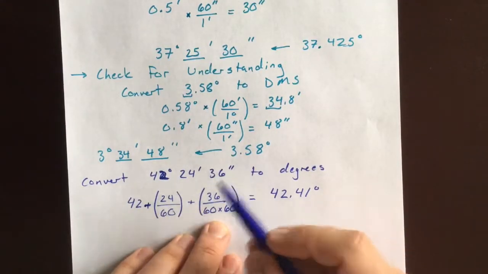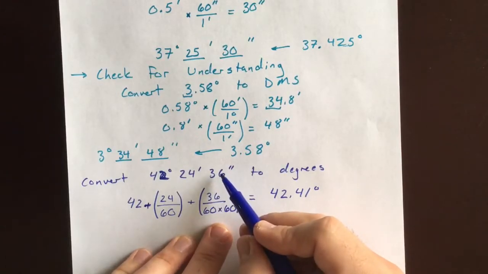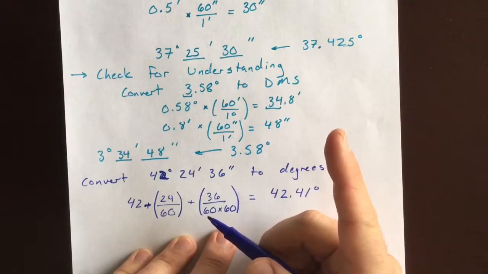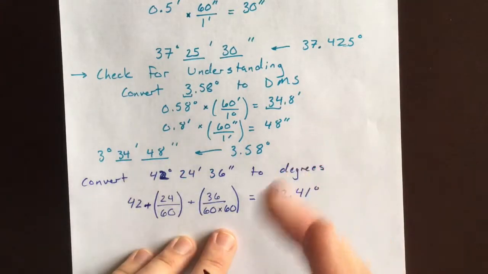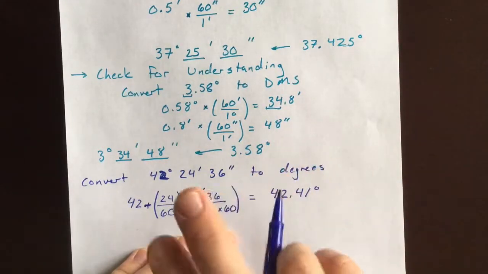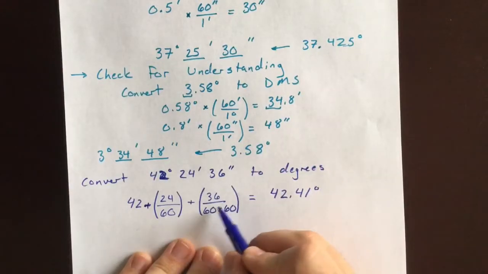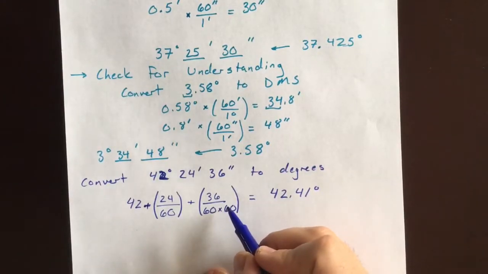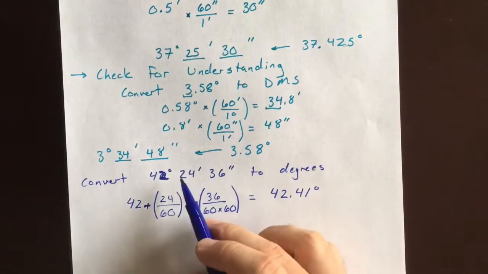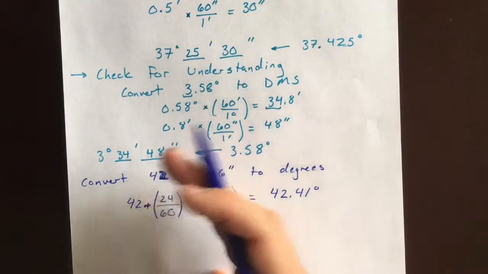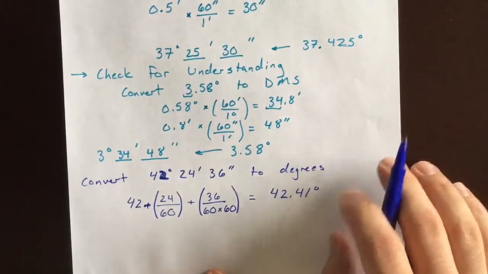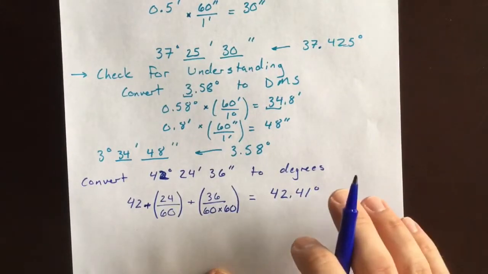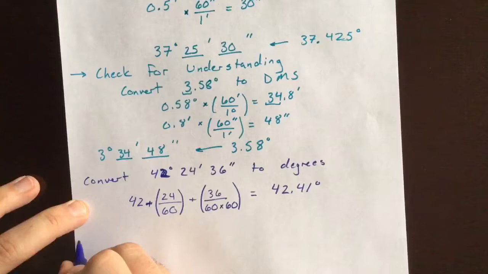The seconds, we know that 60 seconds is 1 minute, but it took 60 minutes for 1 degree. So you have to see there's two 60s there, hence the two 60s in this. And we take each of those fractions and add them back onto the whole degree. So to check for understanding, another check for understanding.